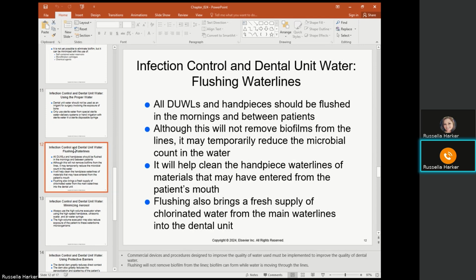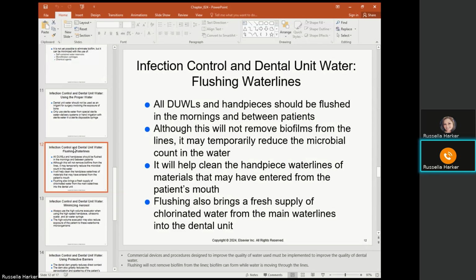And that's important because tooth fragments and filling materials can get stuck in the heads of the handpieces, and you want to be able to flush those out prior to cleaning and sterilizing them, because you don't want to put them into the autoclave and sterilize them with the tooth fragment stuck in there, because then when it comes out and it still has that tooth fragment in there, it's not completely sterilized.